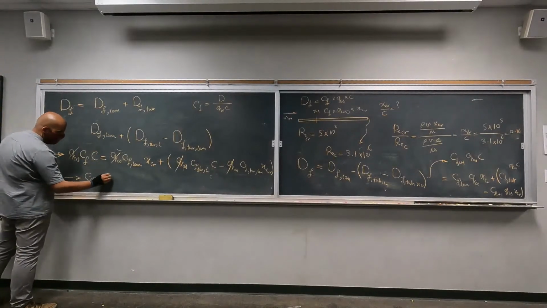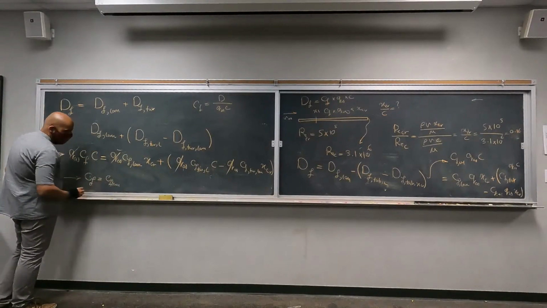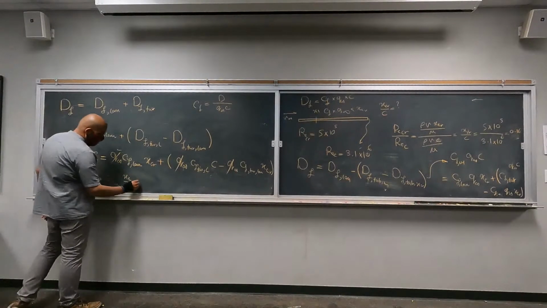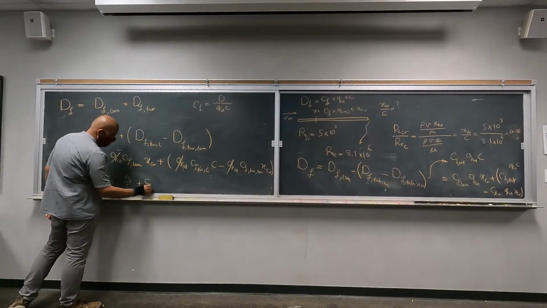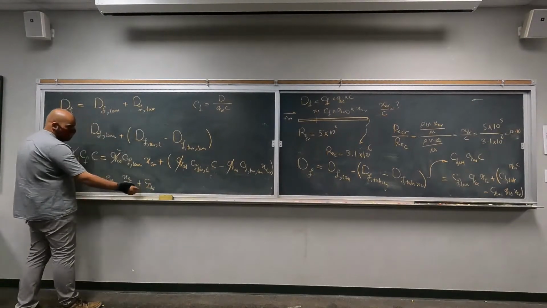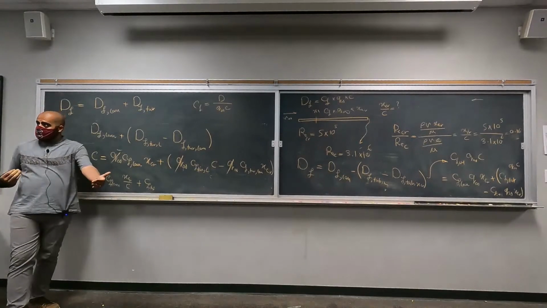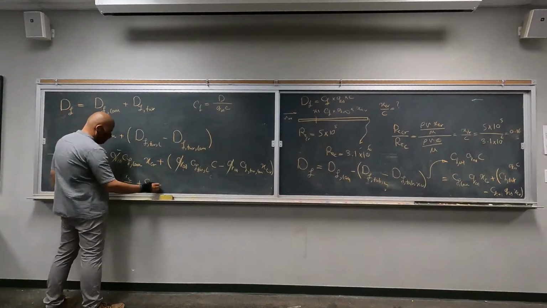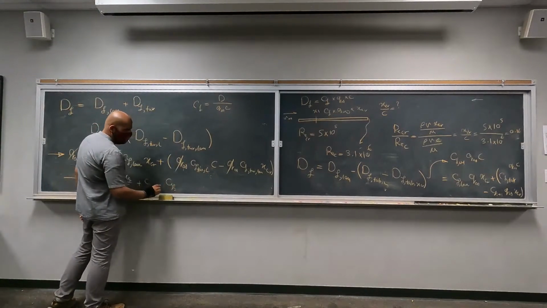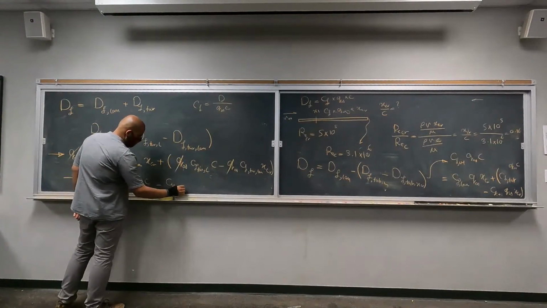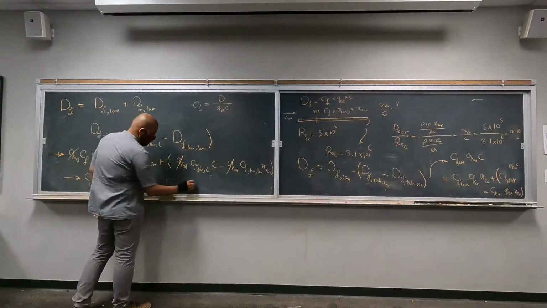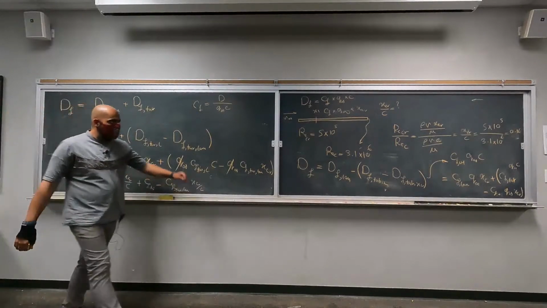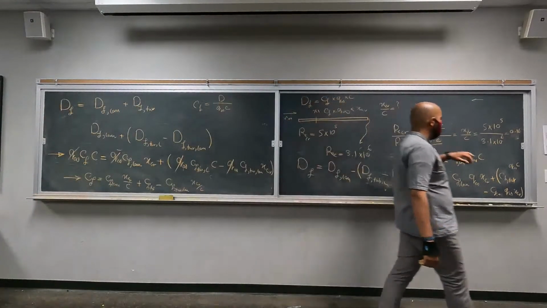So CF is CF laminar, X critical divided by C, plus CF turbulent, the CF that assumes all of the plate is turbulent, multiplied by C divided by C, which is 1, minus CF turbulent for the laminar region, X critical divided by C. We already have X critical divided by C, that's 0.16.